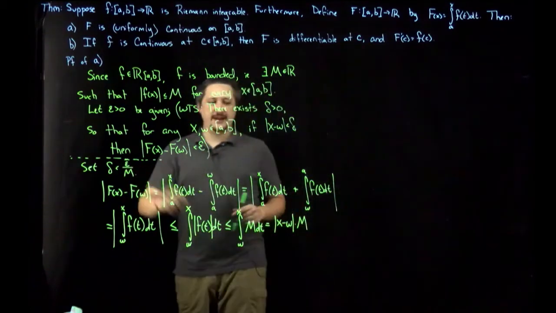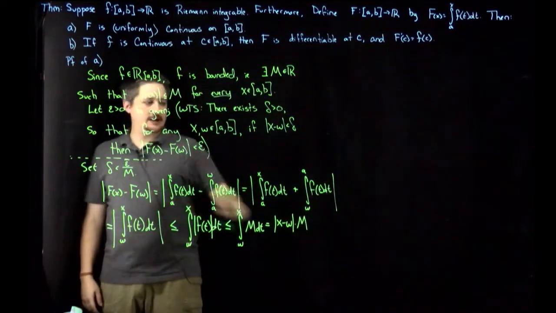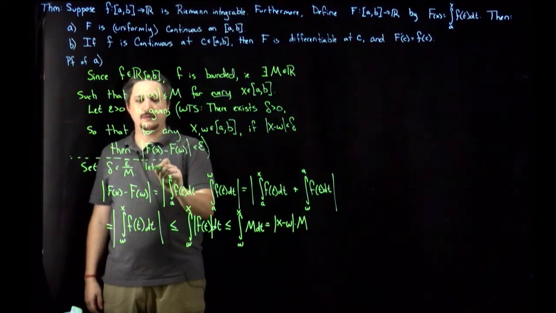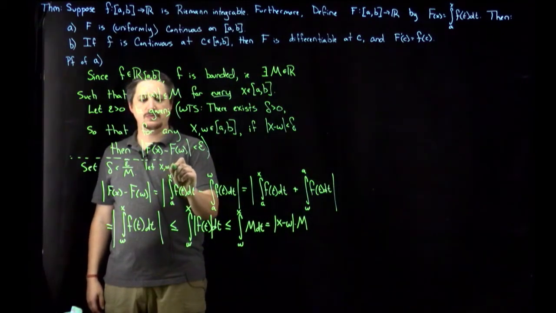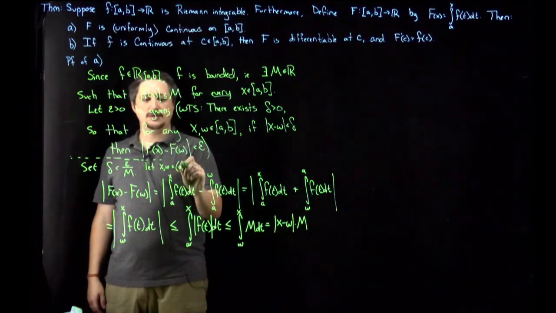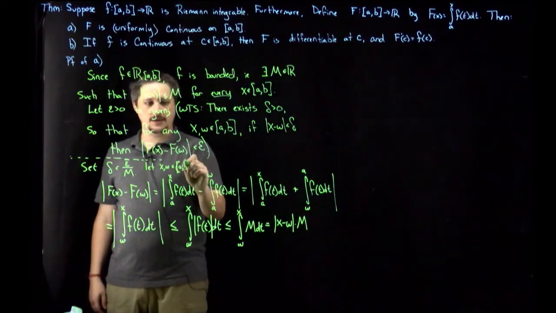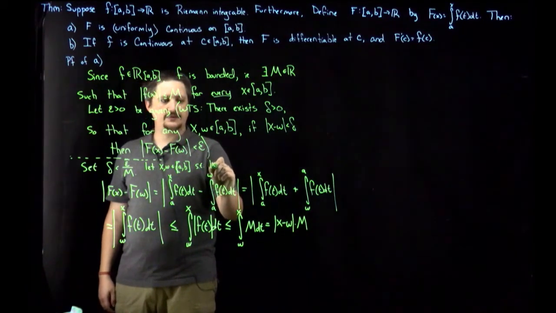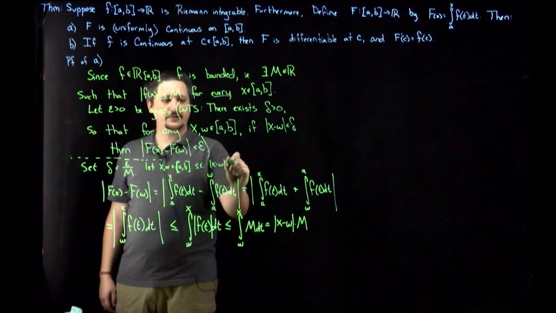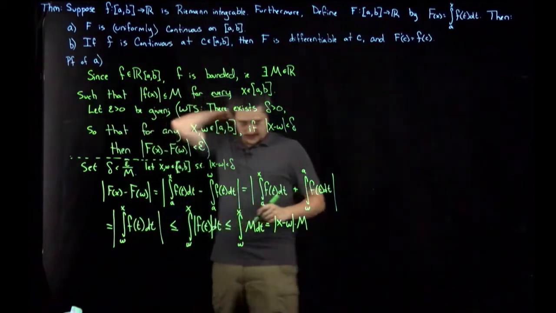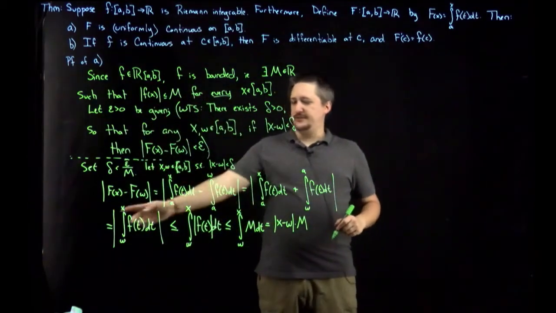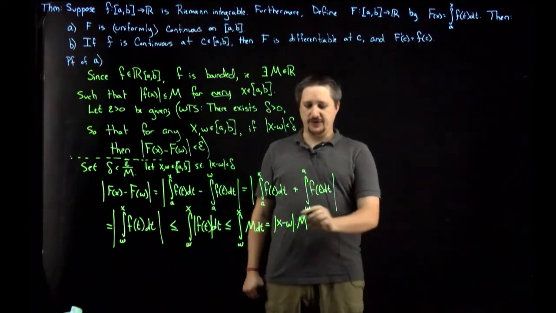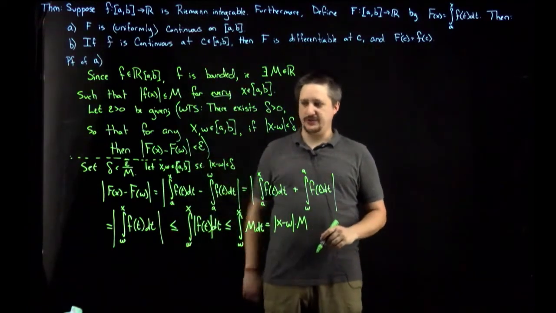So set that, and I was going to write it down here, but I'll also note let x and w in [a, b] such that the absolute value of x minus w is less than delta, right? If I didn't put this here, this is true for any x and w, just ever, right? So I was going to mention it down here, but it's nicer to write it up there.